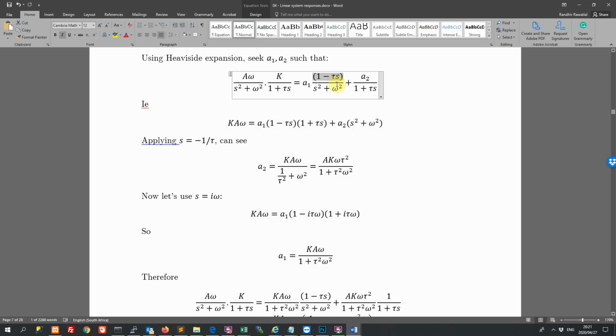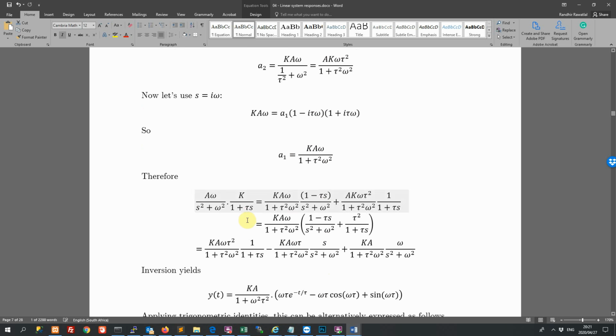So anyway, you apply A1 and A2 in there, and you can say that your original expression can now be expressed in this way, and here we just expand out for this term. So we break this down into a 1 and into a minus tau s. And so with a little bit of algebra, you can show that you have basically these three terms, right?